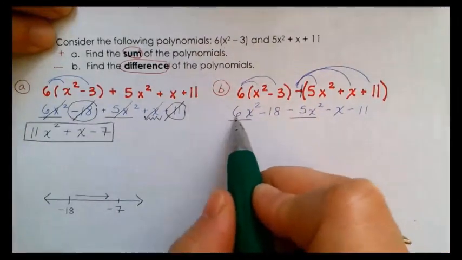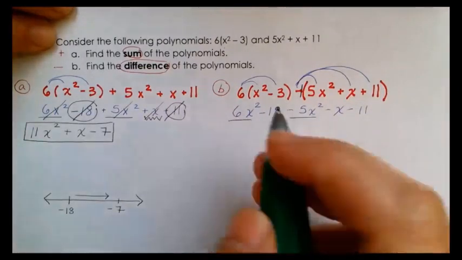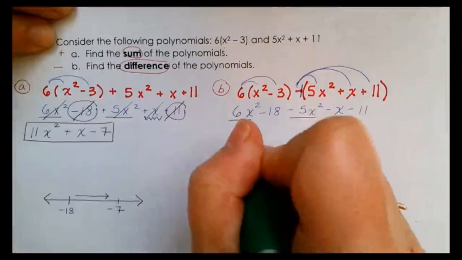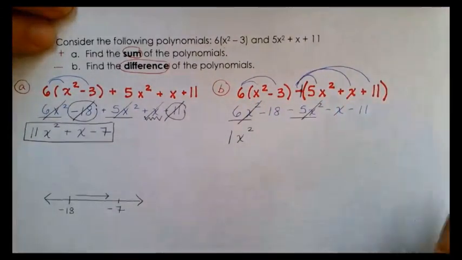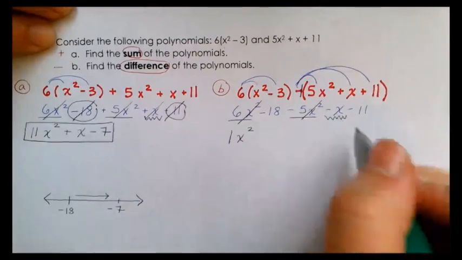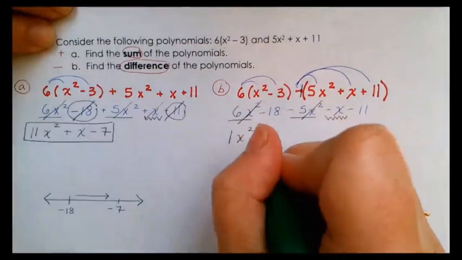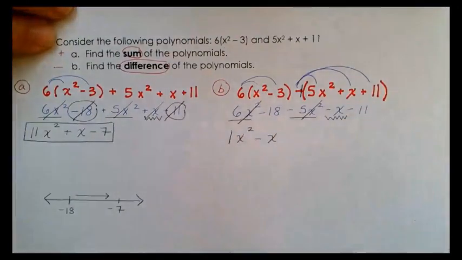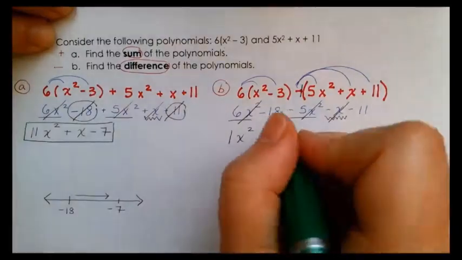We're going to subtract 6 minus 5, which leaves us with 1. 1x squared. Done. Moving on. We have the negative x, which is our only regular x term. So I'm just going to bring that down, negative x. And lastly, now that I'm done with that one, I have the whole numbers.